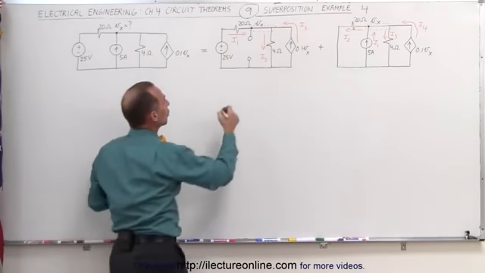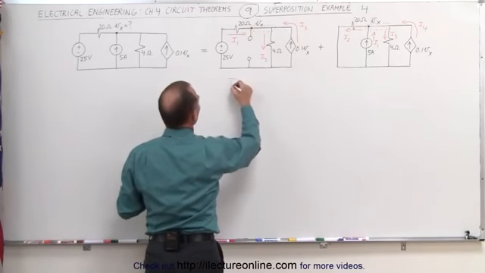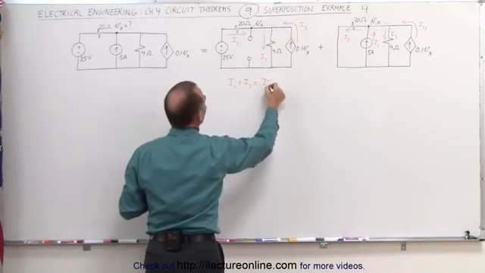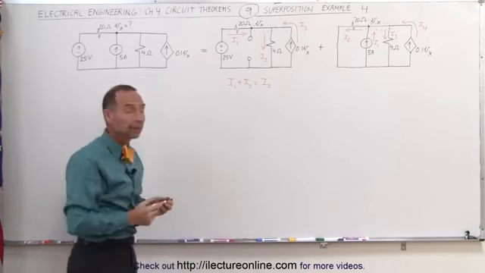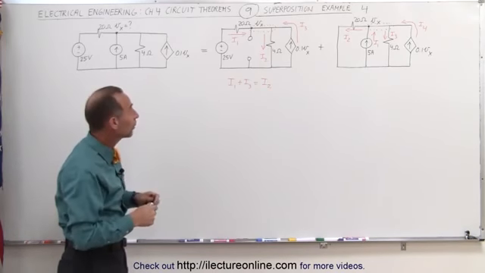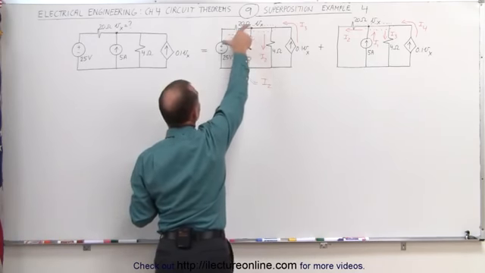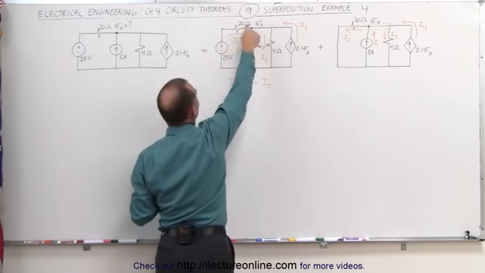It looks like we have two currents entering. We have I1 plus I3 entering, and we have I2 leaving the node. Now let's go ahead and calculate what each of those are. I1 can be calculated by taking the potential difference between here and there.